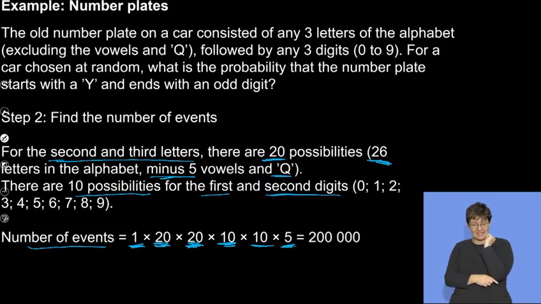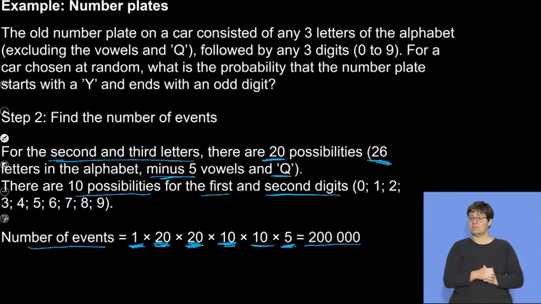But for the last one, because we must end with an odd number, we have 5 odd numbers. Then we multiply this, and we get 200,000. So there are 200,000 ways of choosing a car registration that starts with Y and ends with an odd number.